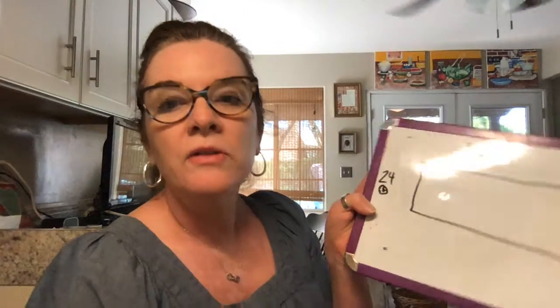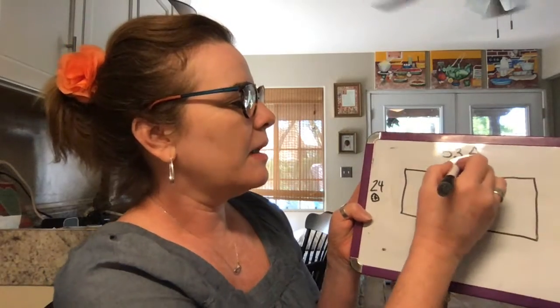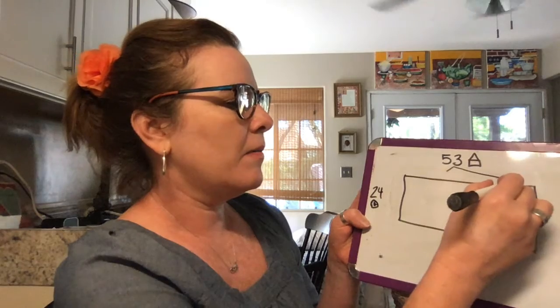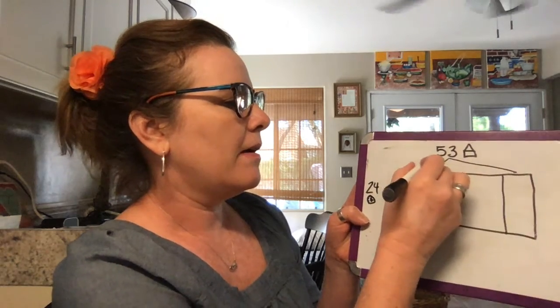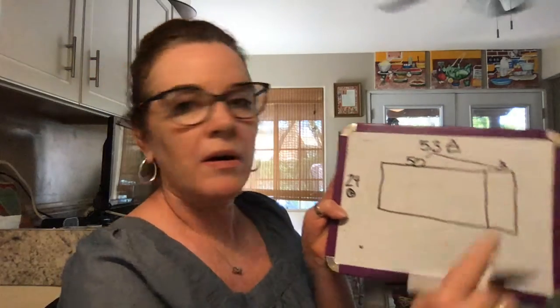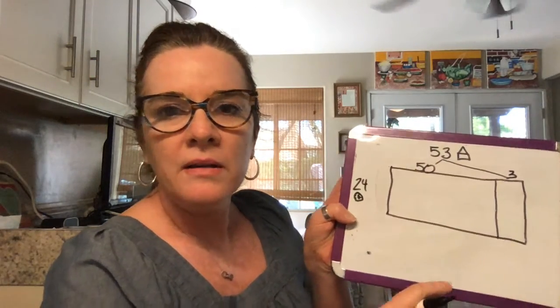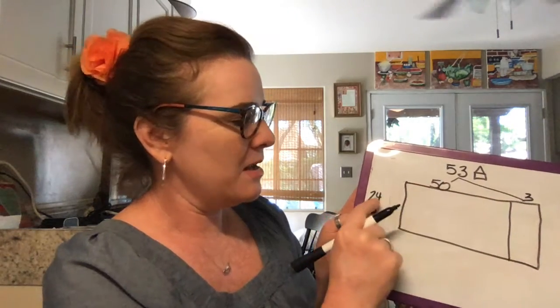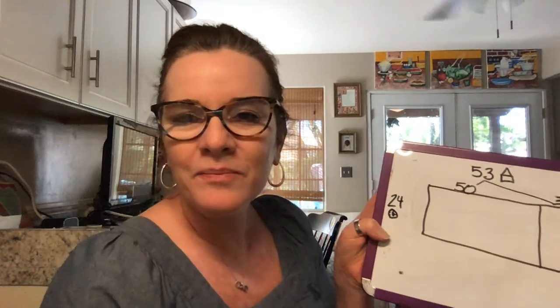Okay, so my first step, what I did is I broke apart 50 and 3, and I put it here. I have 50 houses to give the 24 cookies to, and 3 more. Okay, now I can simply do length times width, 24 times 50, and 24 times 3.